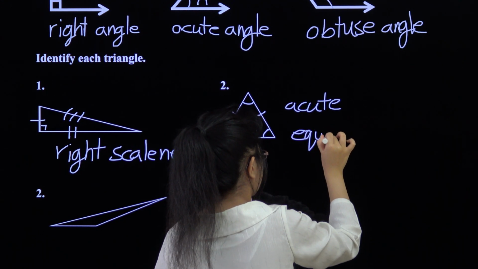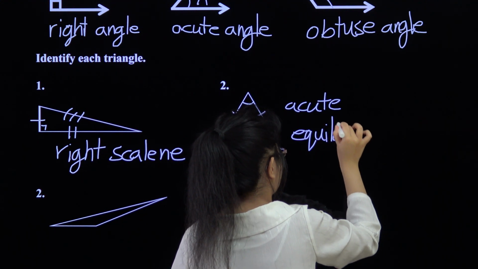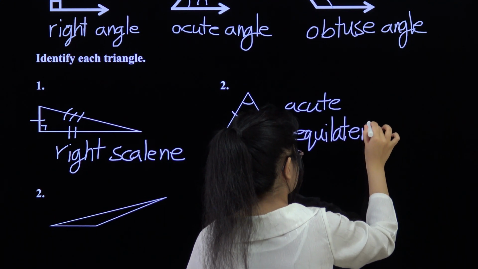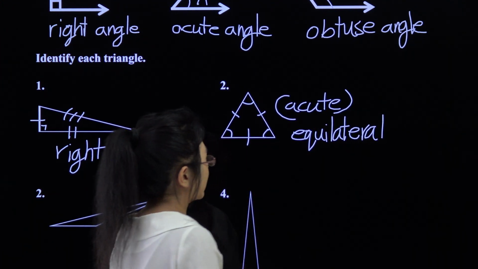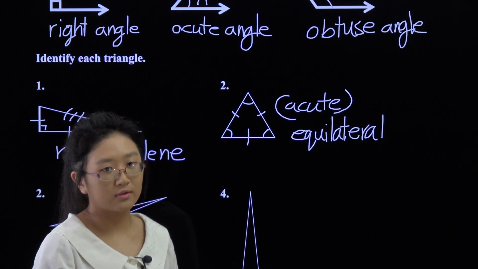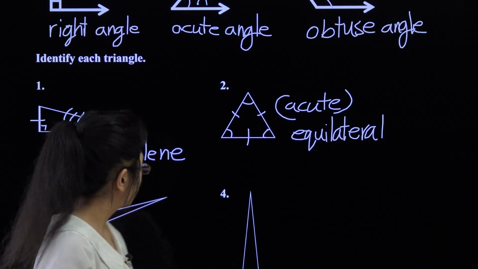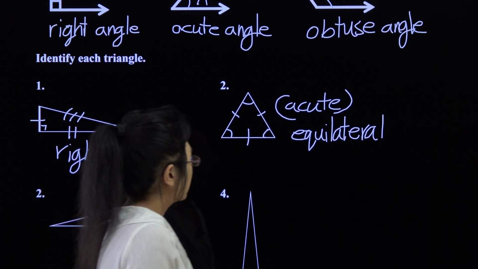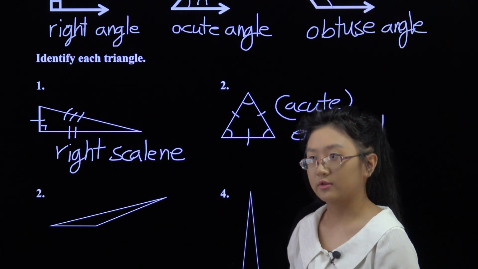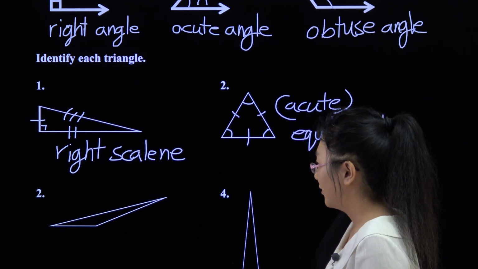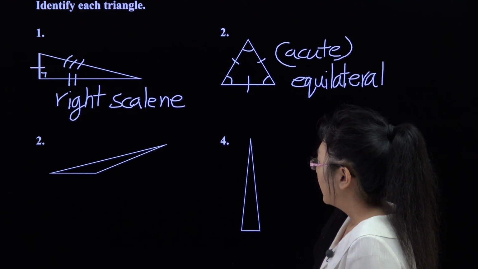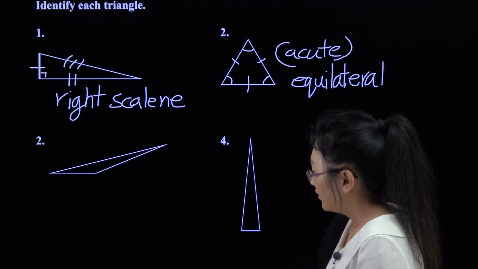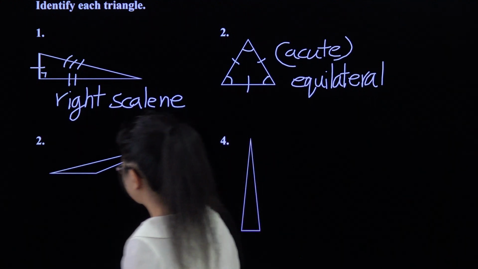So most of the time, when you tell someone that it's an equilateral triangle, you don't need to say acute equilateral, because all equilateral triangles are acute. It's like saying all squares are rectangles, because that is true, fun fact. We'll be learning about that in the quadrilateral section. Oh, okay. And that's the next section.